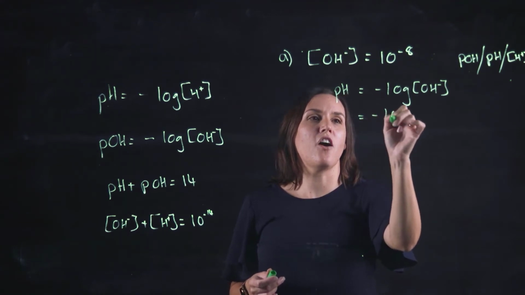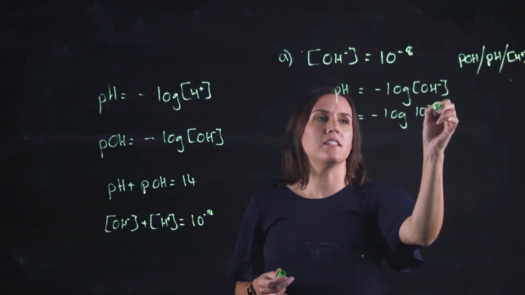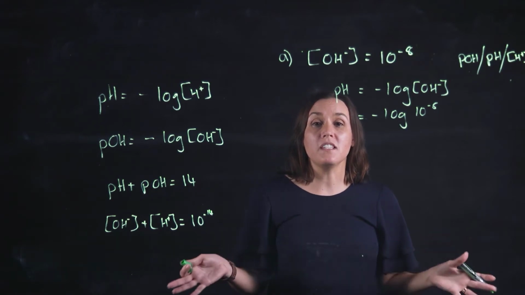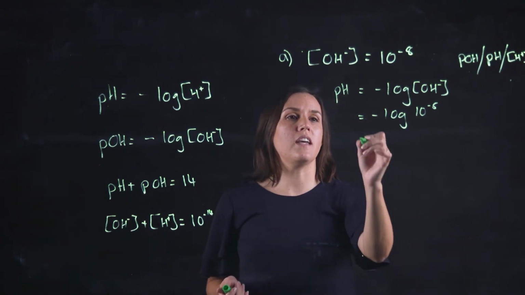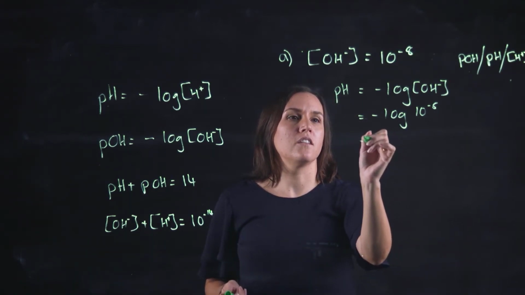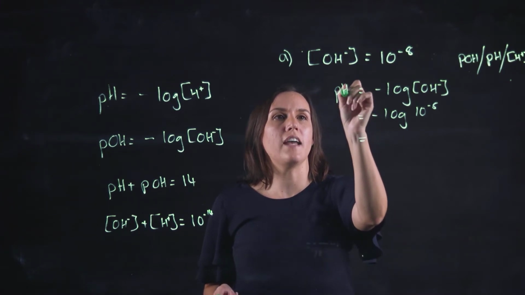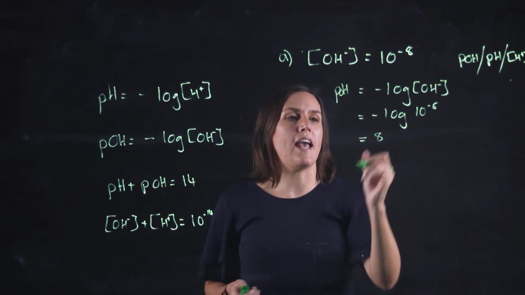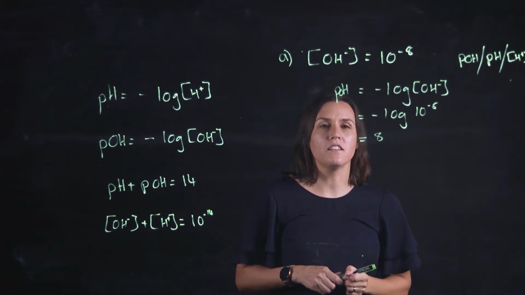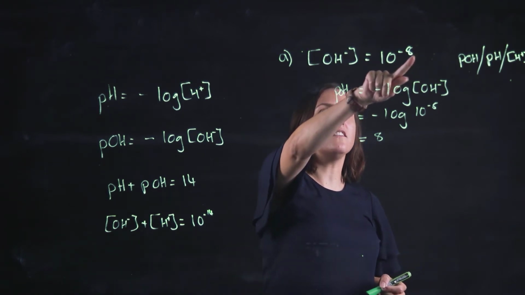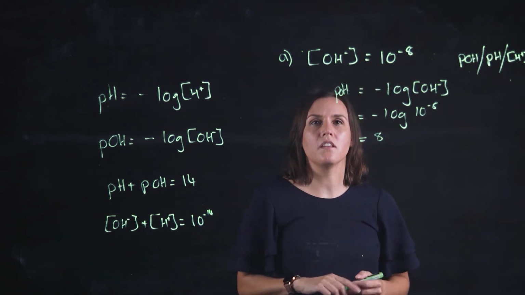So it's negative log of 10 to the minus 8. Now you can put this in your calculator, and what you will get is your pOH equals 8. Okay, so it is just that value that's up the top that you end up with.